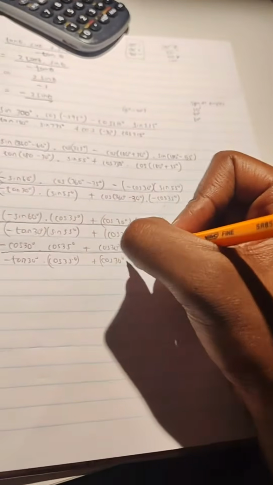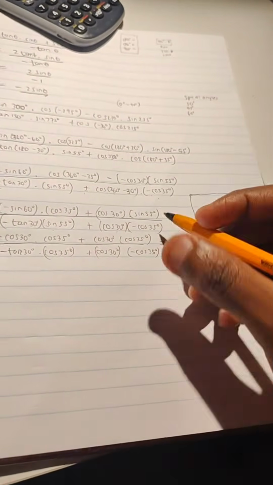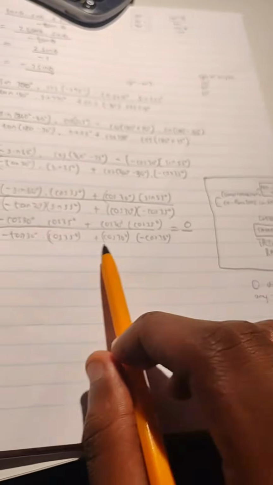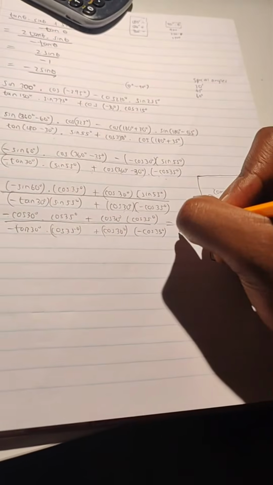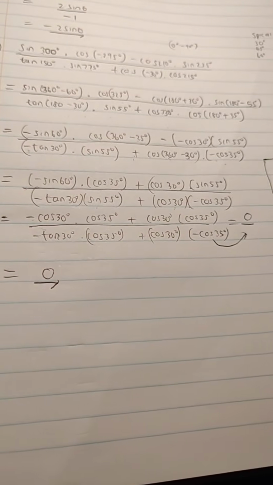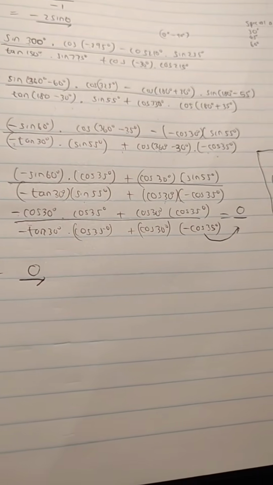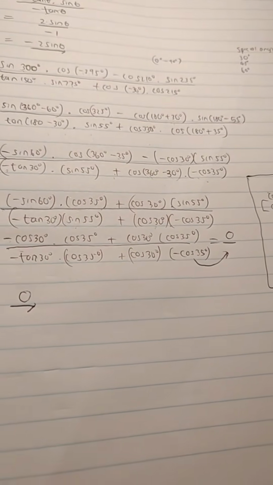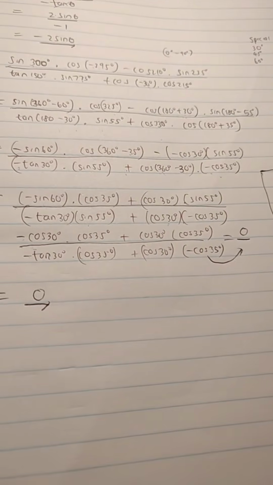So 0 divided by all of that information gives me a final answer of 0 anyways.